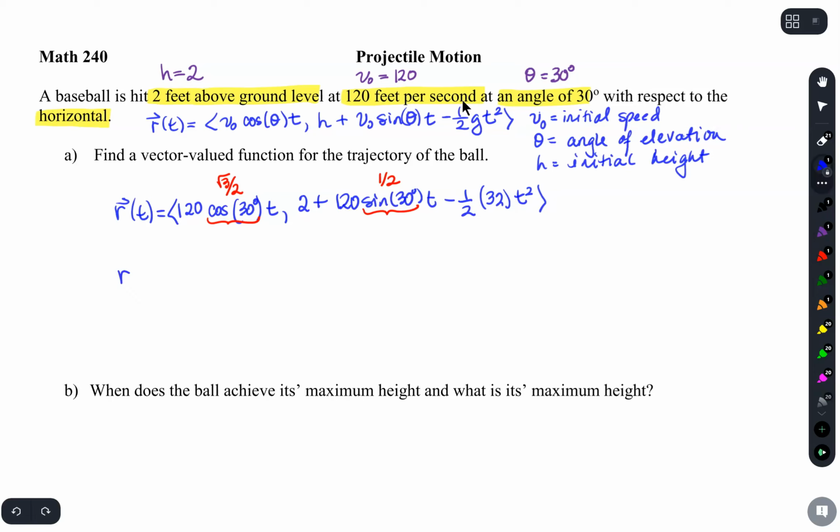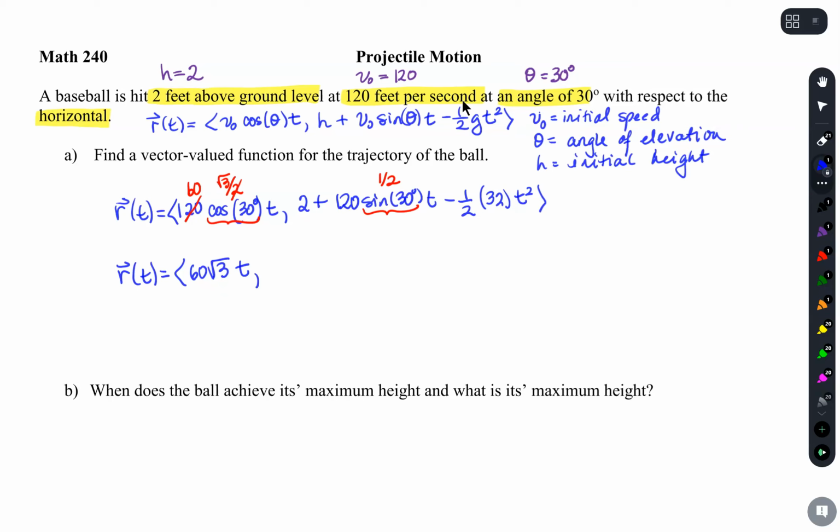So when we do that, r of t becomes, now the 2 in the denominator of the square root 3 over 2 in our x component can simplify with 120. 2 goes into 120 60 times. So I'm going to end up with 60 times the square root of 3 times t.